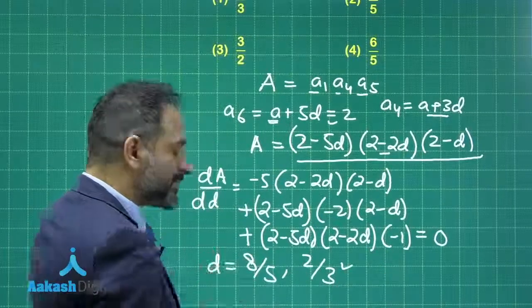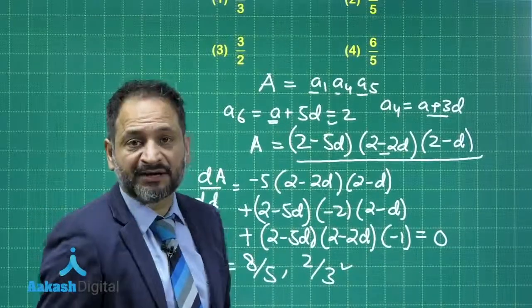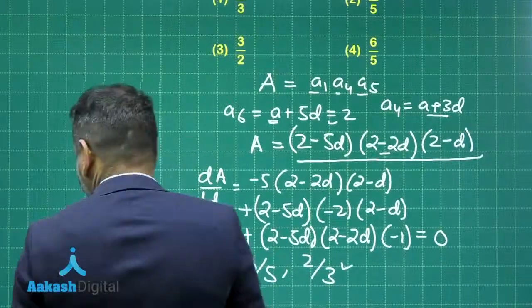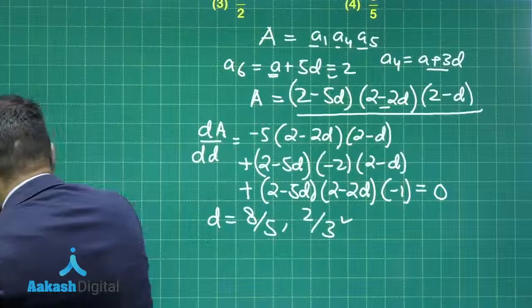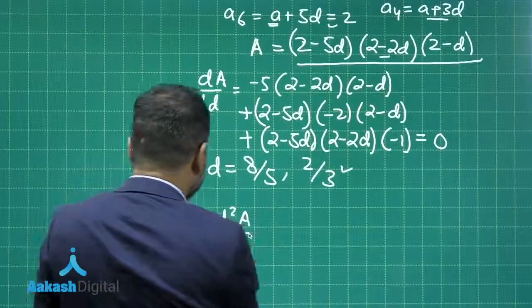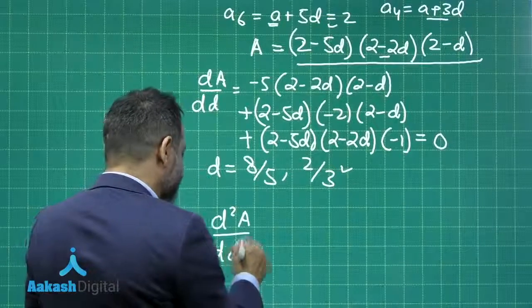Now, there are two critical points and we need to check where the value will become maximum. So, what we need to do, we will again differentiate this function, that is the double derivative test we are going to do here.